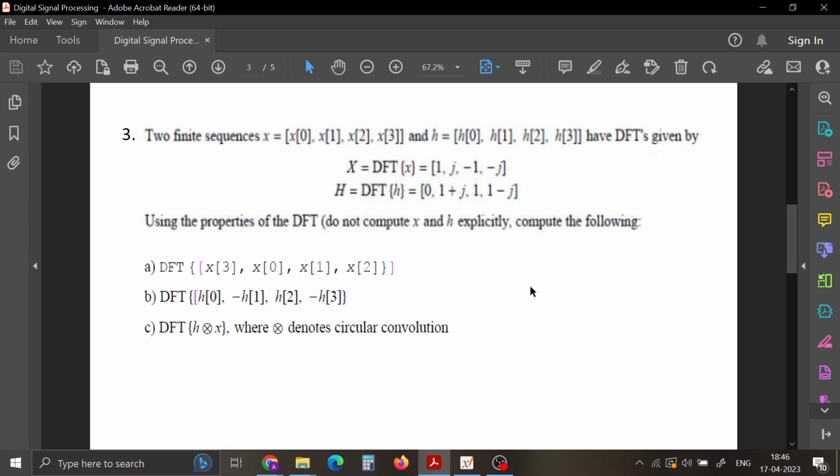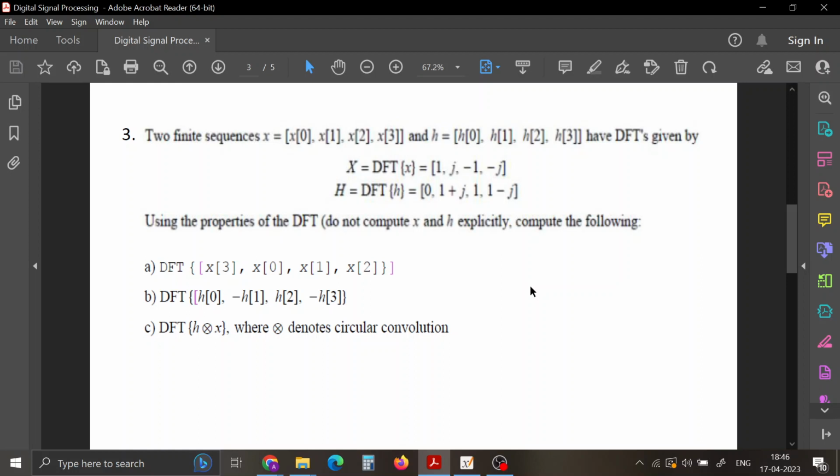Their corresponding DFTs are denoted by capital X and capital H, and we have the exact coefficients also. For capital X we have 1, j, minus 1, minus j as the DFT coefficients, and similarly for capital H it's written.